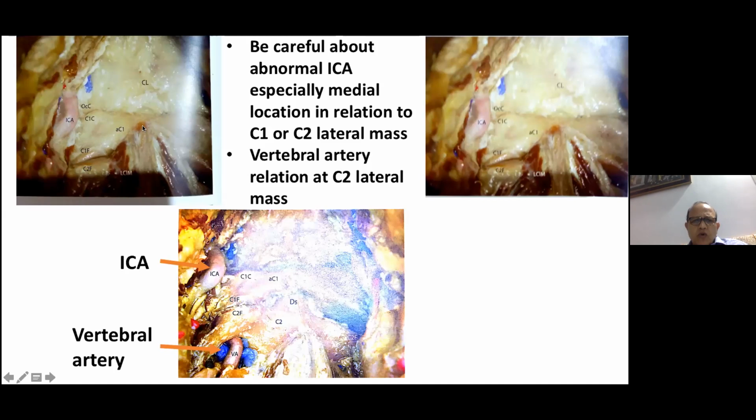So one should know where the location is and deal with this accordingly. And likewise, even the vertebral artery can be high riding. It can come near the C2 facet joint here. So both these vessels you need to know very well.